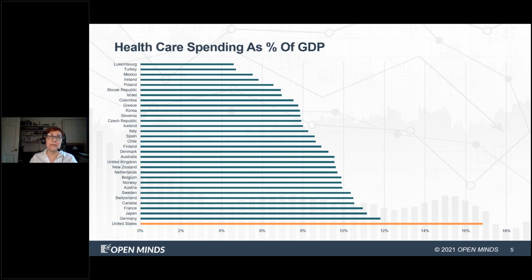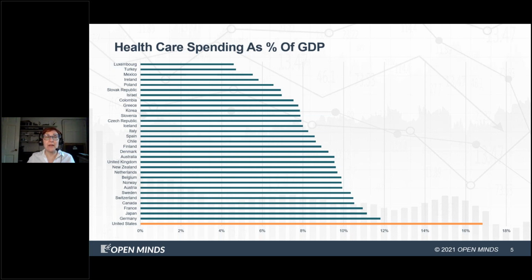And I always think it's interesting to look at the US in terms of how we look compared to others in the world. And so you can see that healthcare spending as a percentage of GDP, gross domestic product, for us is around 17%. But the nearest country is Germany at 12%. And it goes as little as Luxembourg, which is about 5%.